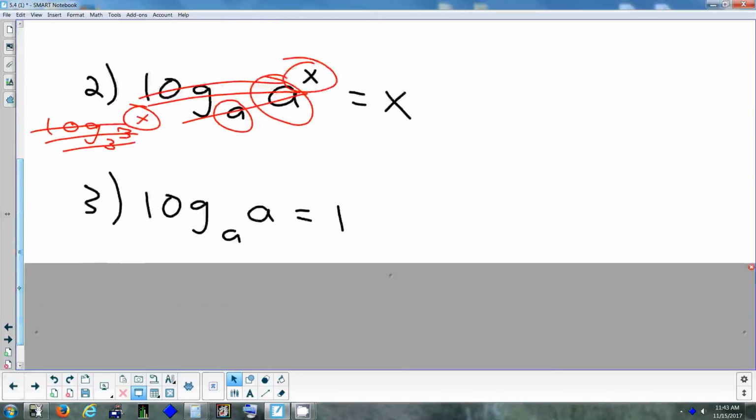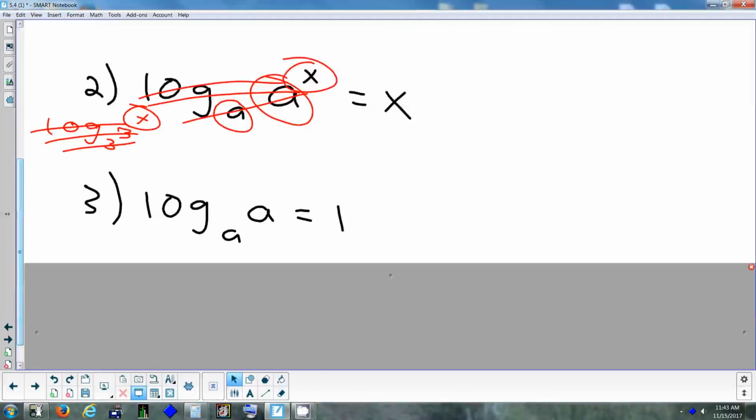The third pattern says log base a of a equals 1. Right, so something like that, if you had log base 7 of 7, the answer is 1. Log base 12.5 of 12.5, the answer is 1. And really, rule 3 is just rule 2.